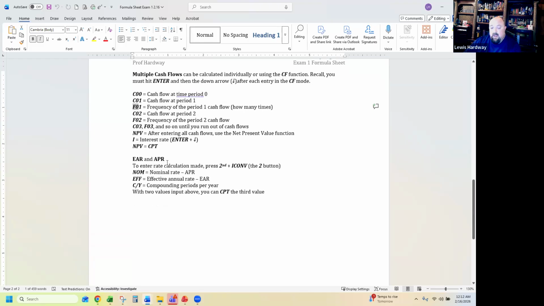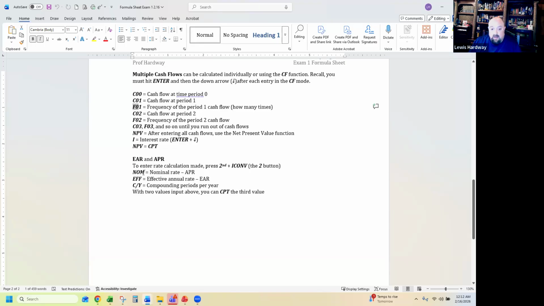And then down here for EAR and APR, to enter the rate calculation, press the second function plus the ICONV, which is the number 2 button down at the bottom. That's the second function, ICONV. And then basically there are 3 pieces.